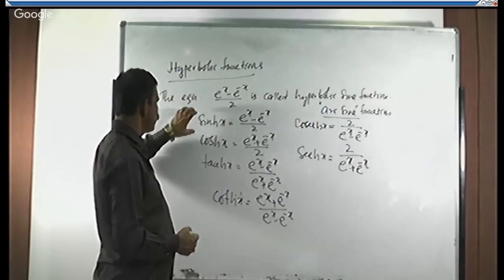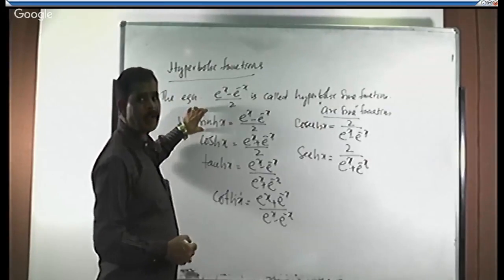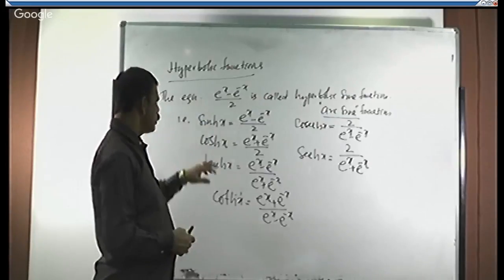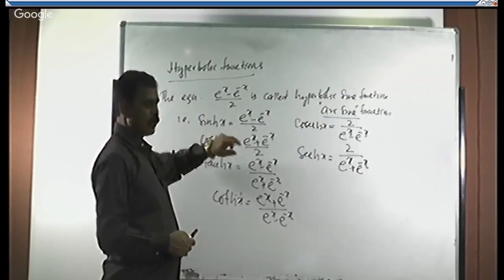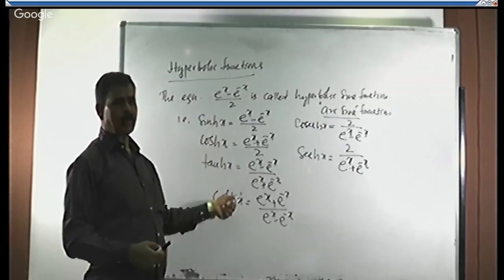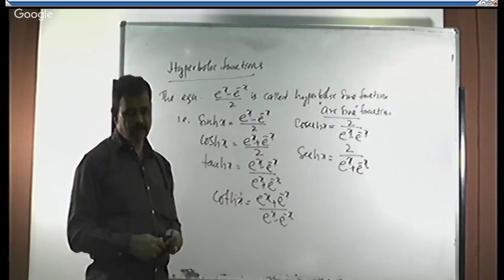Let us derive the derivatives of these hyperbolic functions. What is the differentiation of sinh x? What is the differentiation of cosh x? What are the derivatives of tanh, coth, sech, and cosech?